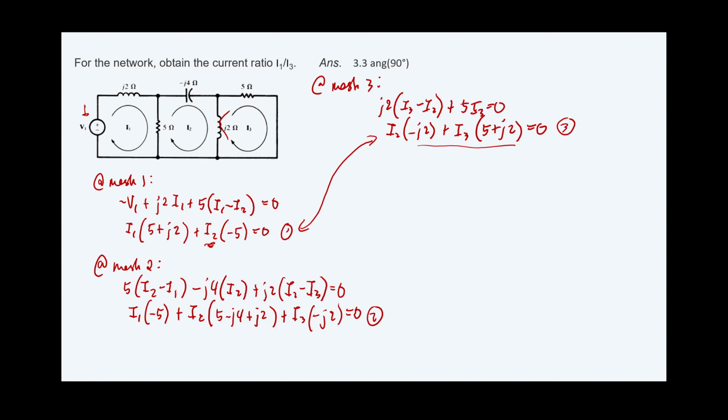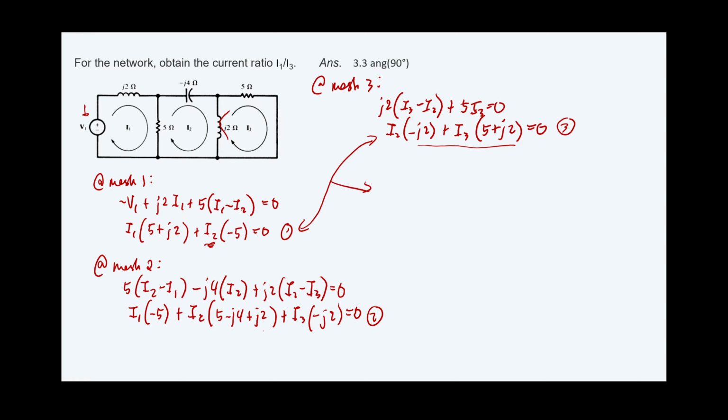So we need to analyze how to solve it more efficiently or faster. I saw that this can be a better way: you can also use this one here, replacing I2 with I1, so that the remaining equation will be in terms of I1 and I3. Then you can solve for I1 over I3.